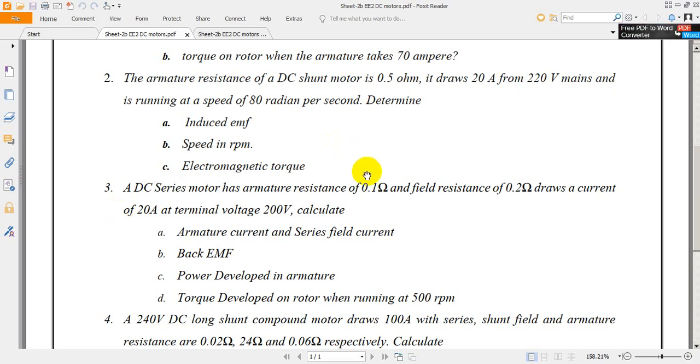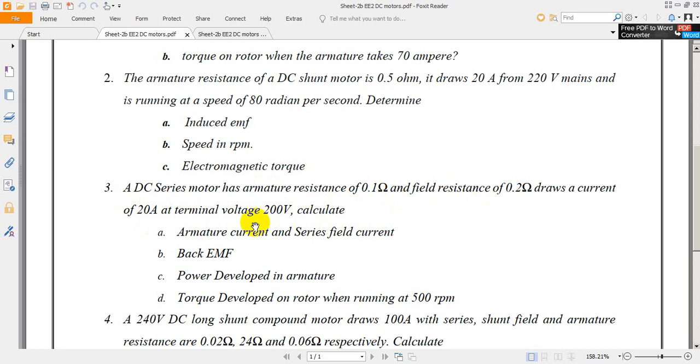It means Ra value is 0.1. Field resistance means it is series, so Rse is equal to 0.2 ohms. The series combination of armature resistance and field winding resistance is drawing a current of 20 amperes at a terminal voltage of 200 volts.